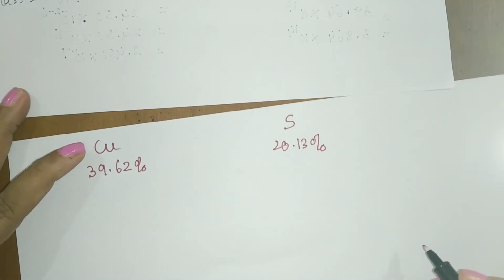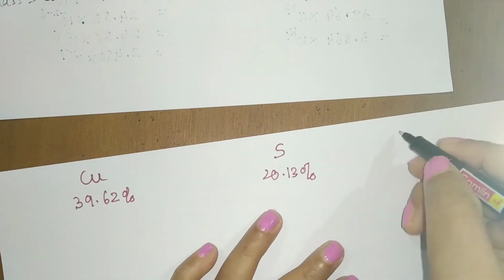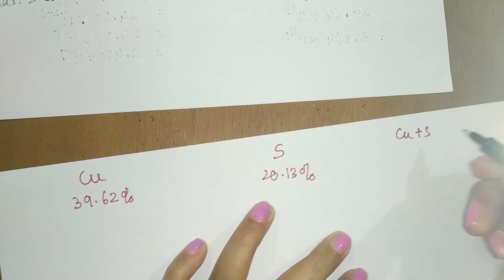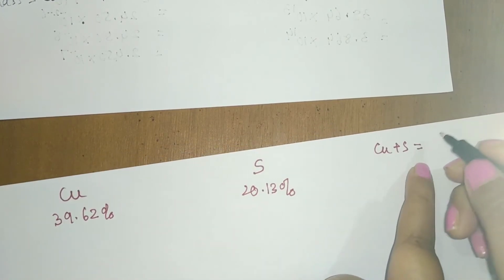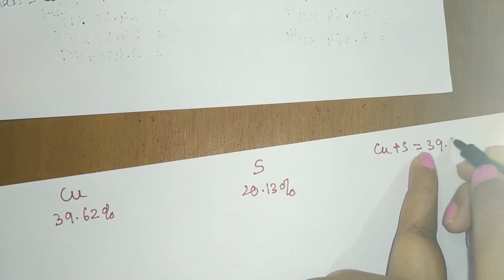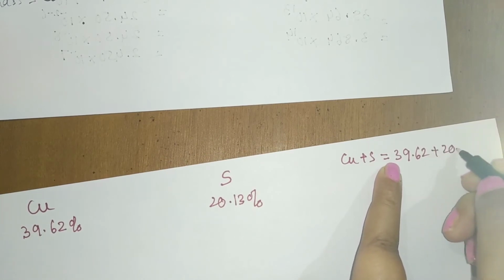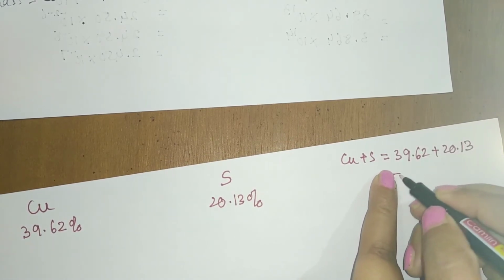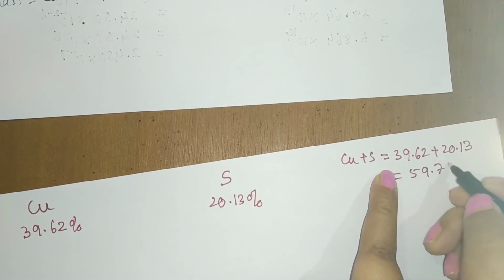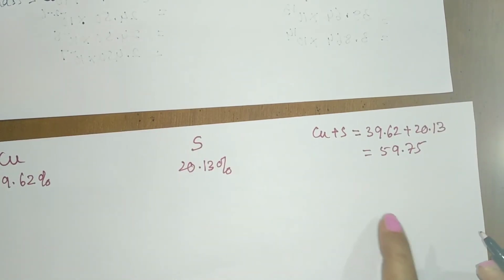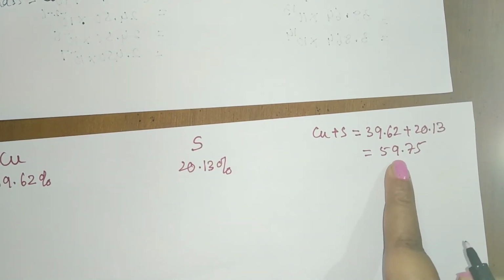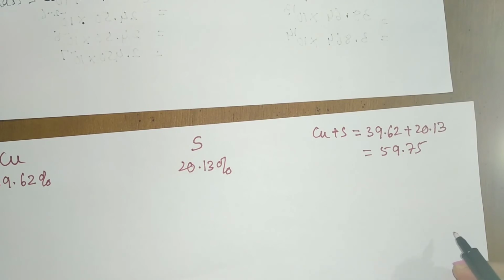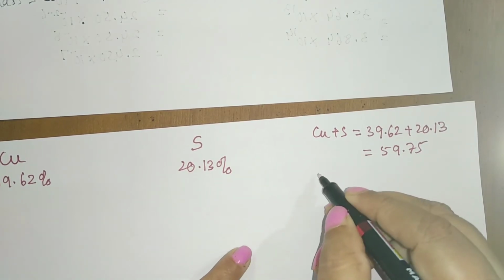Let us make a total. The total of copper plus sulfur will be 39.62 plus 20.13, which comes out to 59.75. So you have to make one statement: as this total is less than 100, therefore the third element is present, and that is oxygen.